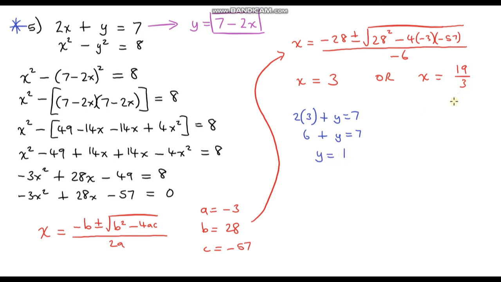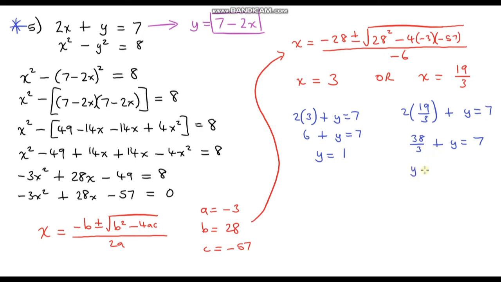Now with our other solution, when x equals 19 over 3, we're going to have 2 times 19 over 3 plus y equals 7. So 2 times 19 over 3 is 38 over 3, plus y is equal to 7. To get y on its own, we just need to subtract this fraction.